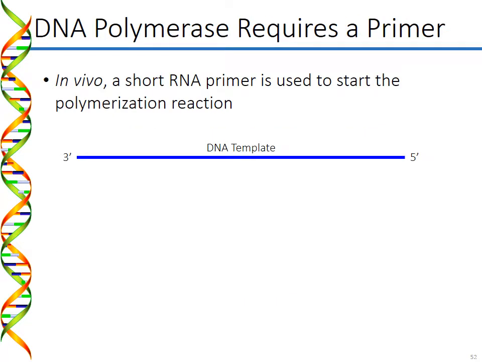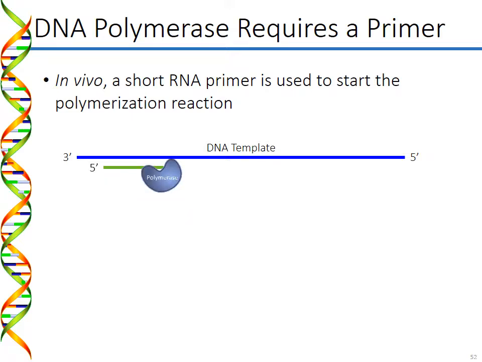DNA polymerase requires a primer to begin the polymerization reaction. In vivo, a short RNA primer is created by an enzyme called primase. The RNA primer that it creates is complementary to the DNA sequence at that site.